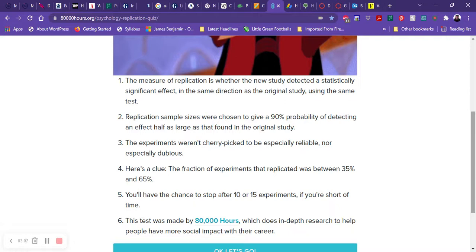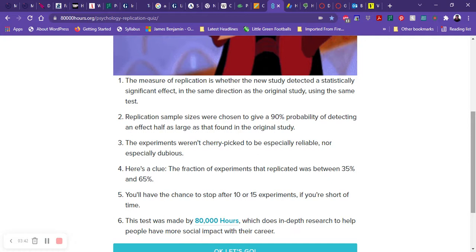You don't have to tell me how many you got right or got wrong or any of that, but what I would like you to do is to report to me what decision making choices you were using. What were you thinking about? What was your reasoning? What was your logic? And did this experiment change how you thought? Did this exercise change how you thought about what might or might not be replicable?